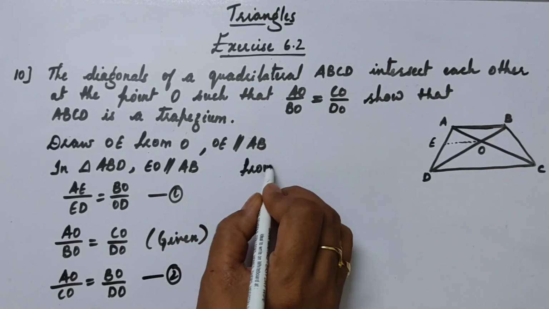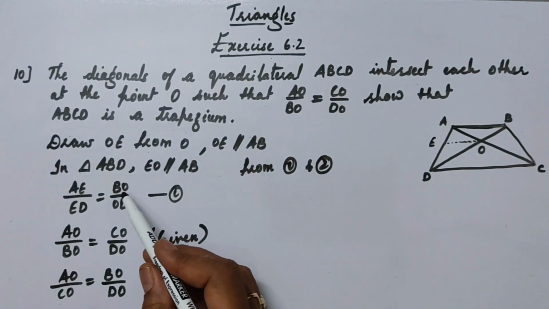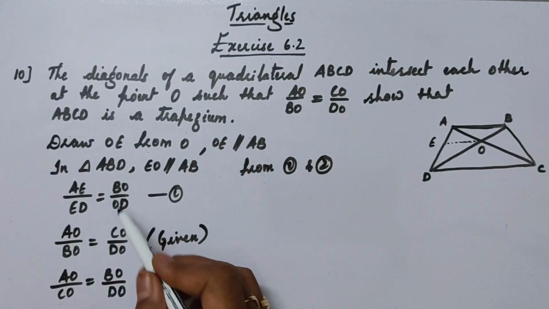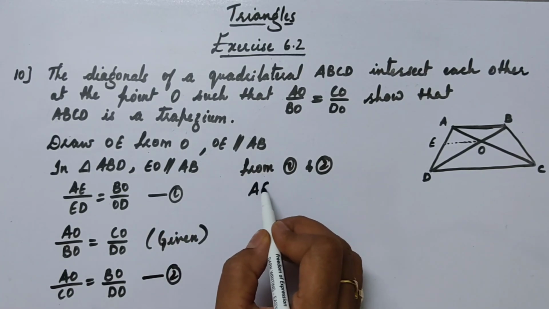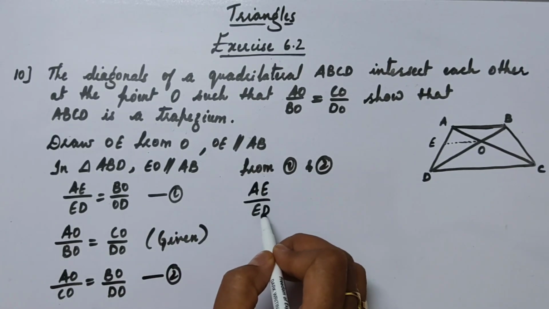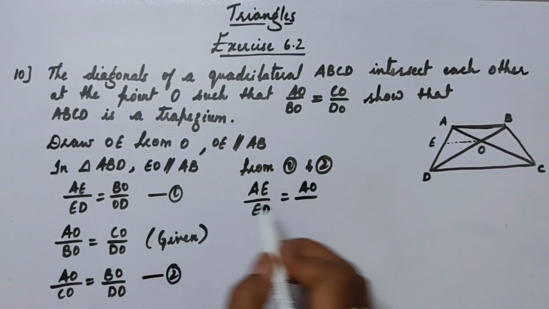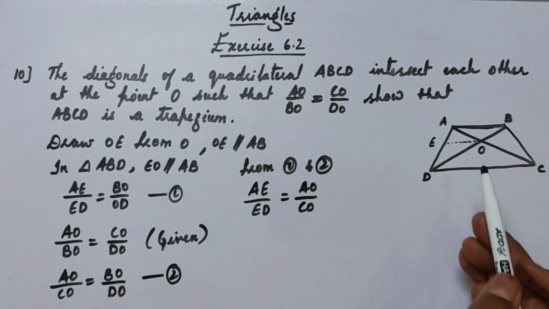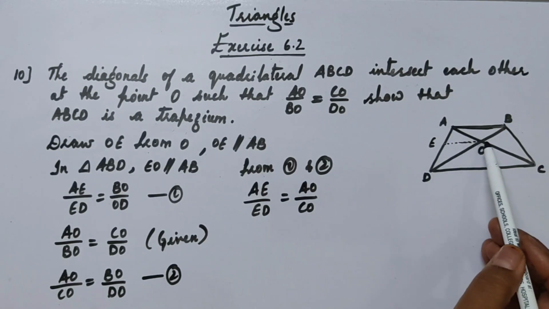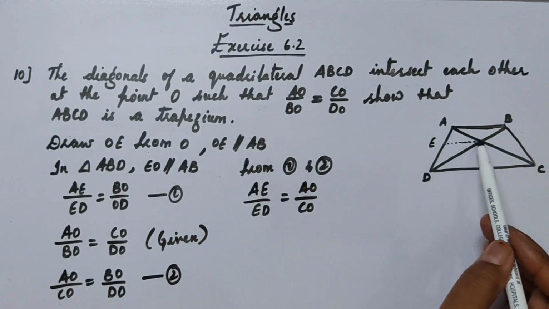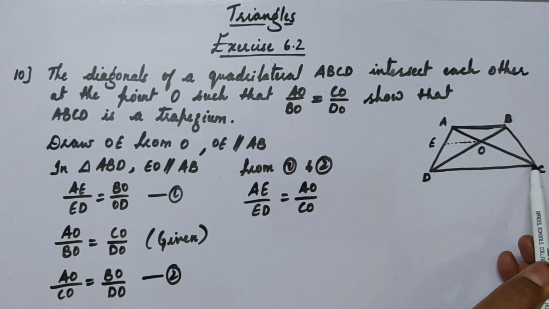From 1 and 2, when both the RHS are equal, I can say the LHS are also equal. AE by ED equals AO by CO. That means this is parallel to this side.